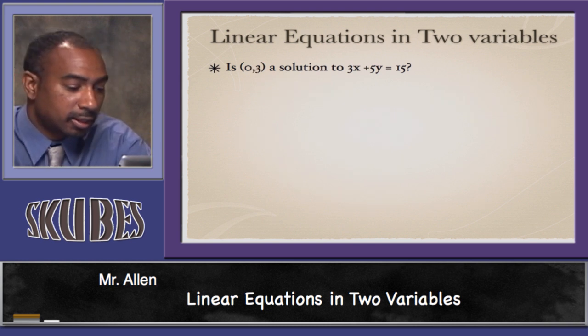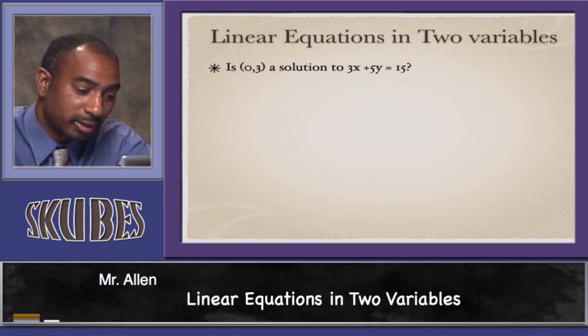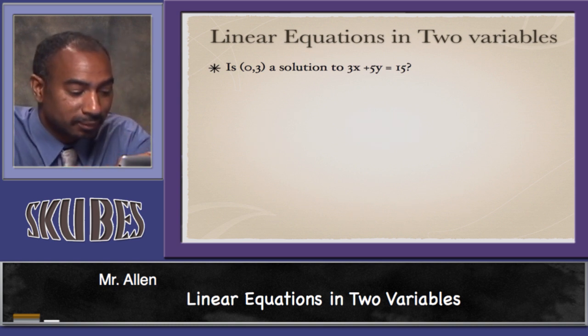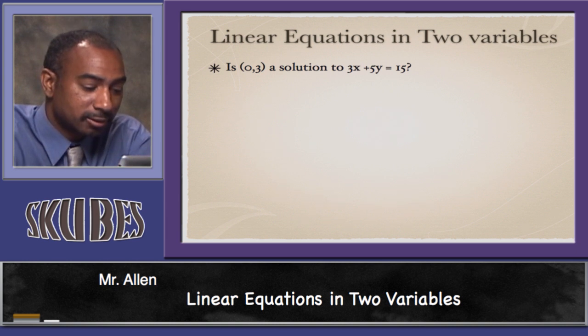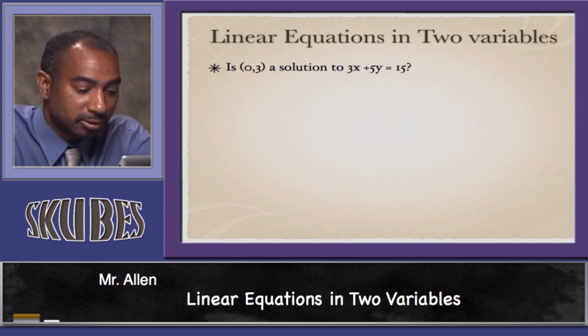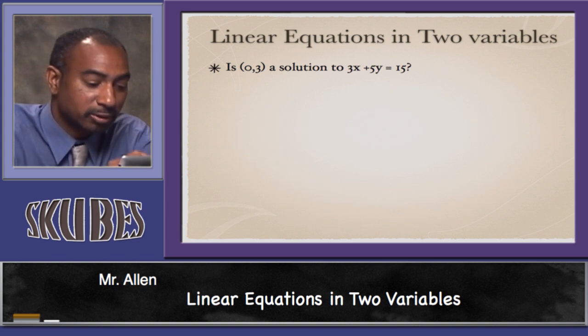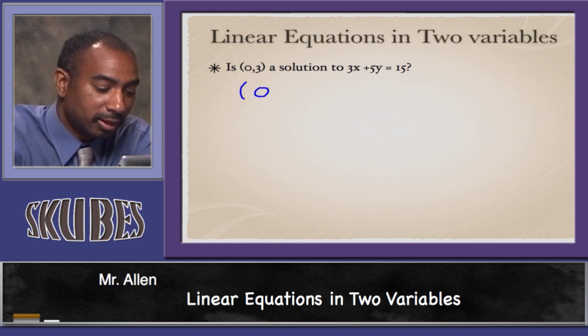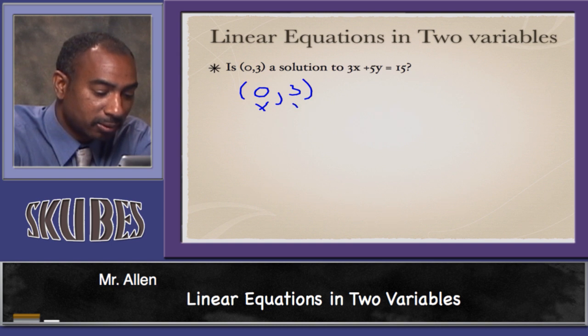All right. And this point looks similar to the other one, but they're different. (0, 3) and (3, 0) are not the same point. So order matters with ordered pairs. So is (0, 3) a solution to 3x plus 5y equals 15? Well, now my x coordinate is 0 and my y coordinate is 3.